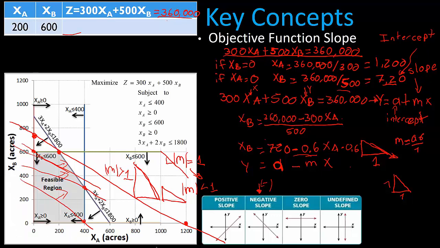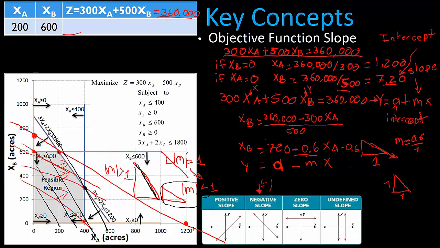Now again, why is this important? Think that currently we have this red one here, okay? This is the one that we evaluated here. What about if it is steeper? If this is steeper, then as we're doing this, the last point that it will touch will actually be this corner, not this corner here.